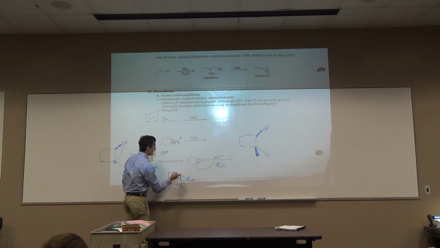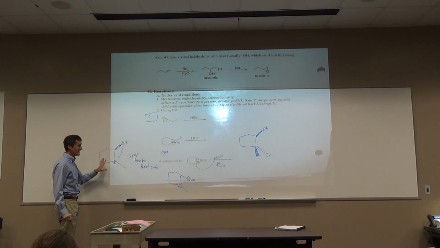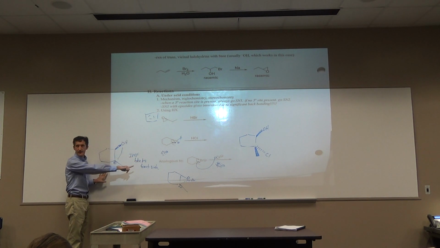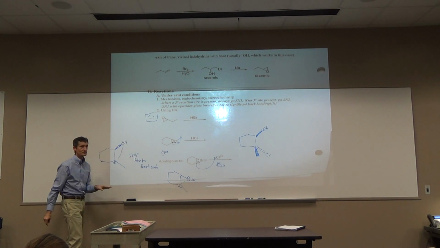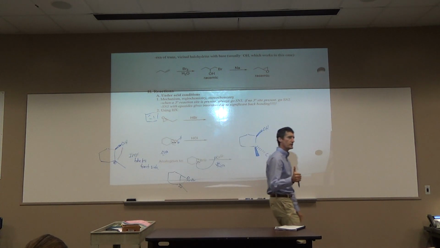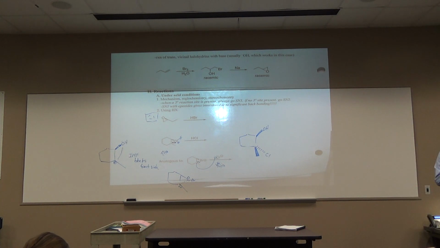Attacking this is the same as attacking this. Everybody getting it? And if you look back at that discussion from Organic 1, the handout, in the end, whenever you do SN1 with epoxides, you just get inversion because the leaving group really hasn't left enough. It's still hanging around. It still blocks that side, even though it's ionized.